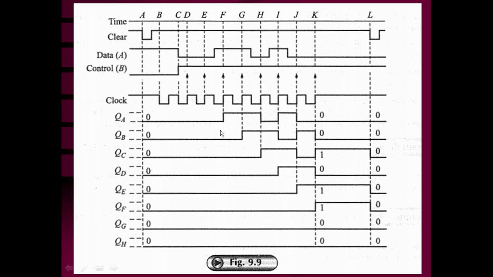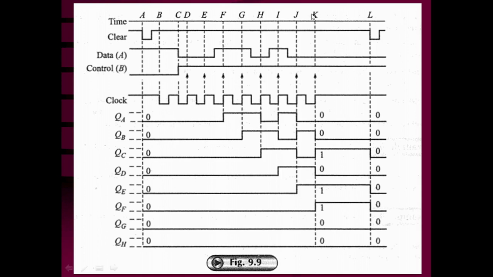So that way the serial entry of the data will take place one by one from E to K, with different values of the data: 0 0, 1 0, then 0, then 1, and then 0. This data from LSB to MSB is going to be entered one by one in a serial fashion into the shift register.